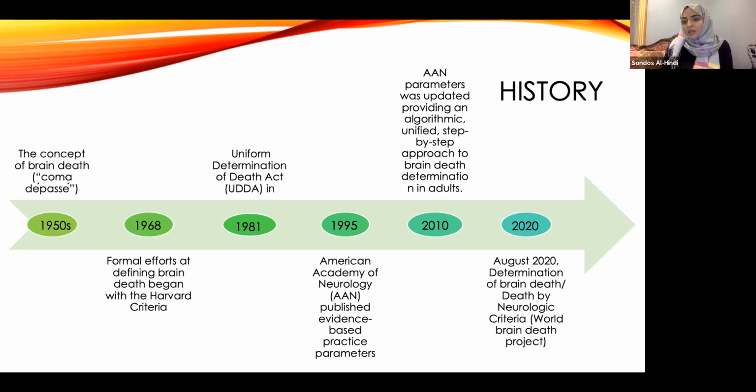And most recently, in 2020, the most recent article that was published was Determination of Brain Death or Death by Neurological Criteria, the World Brain Death Project criteria. This is the most recent publication, and it's not too different from the previous criteria by AAN. They just further looked into the criteria of apnea testing and ancillary testing and tried to universalize the brain death project.